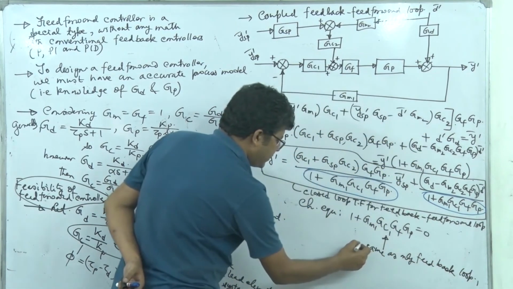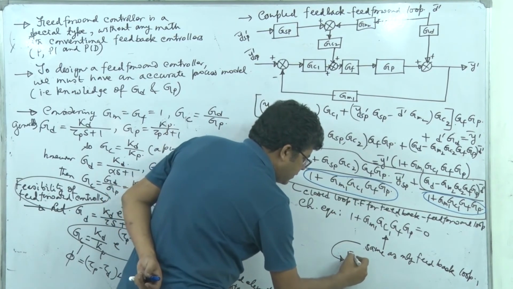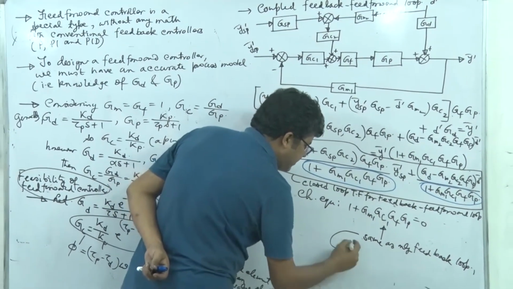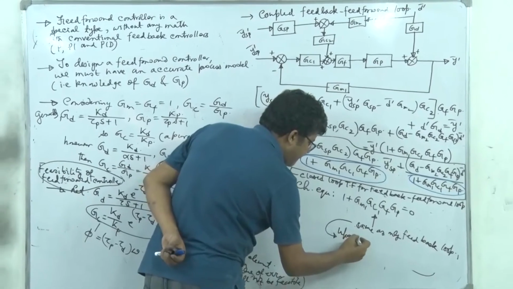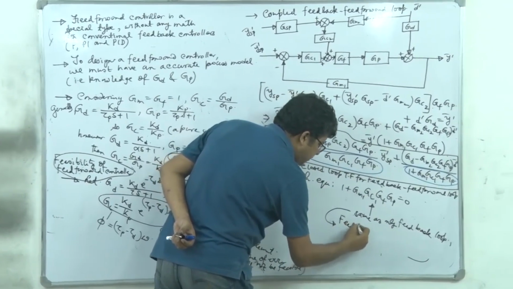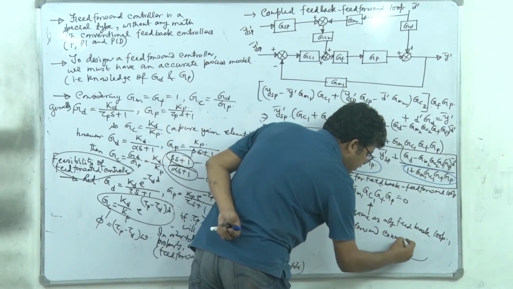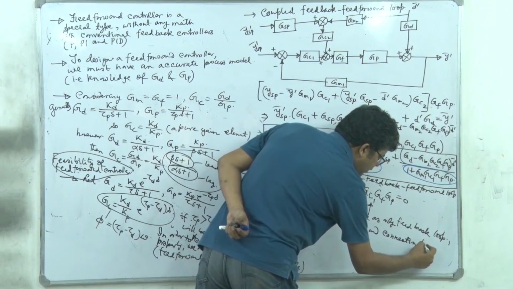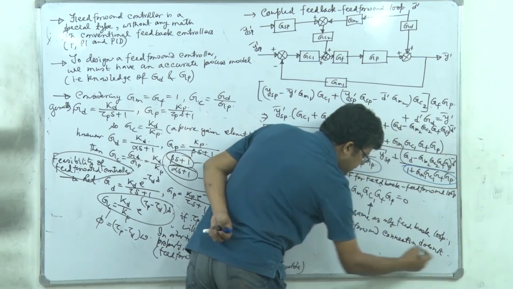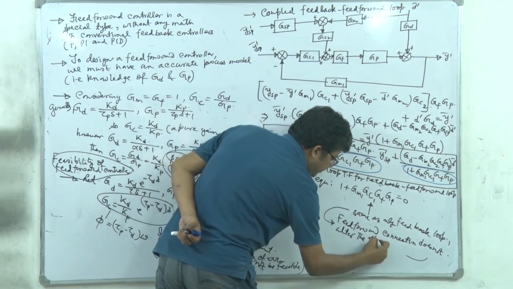Right? So what is our inference here? That attaching a feed forward connection to a feedback loop does not alter the stability of the process.